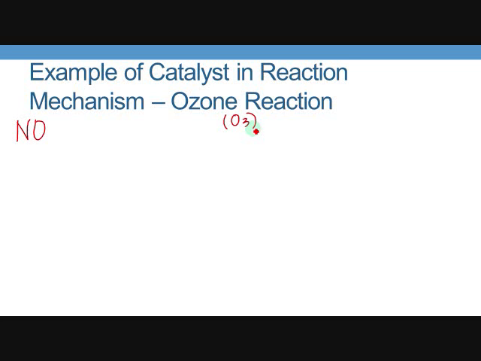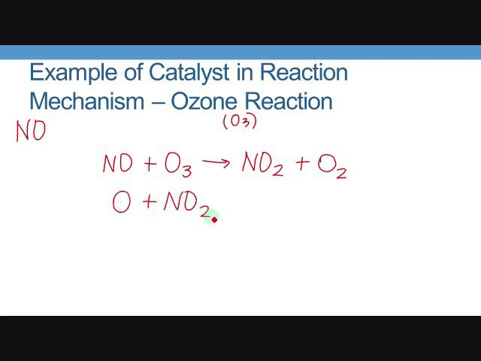Okay, so the nitrogen monoxide reacts with the ozone and creates nitrogen dioxide and oxygen gas. And then the nitrogen dioxide reacts with free oxygens, and these free oxygens are created from other reactions that are happening in the atmosphere.